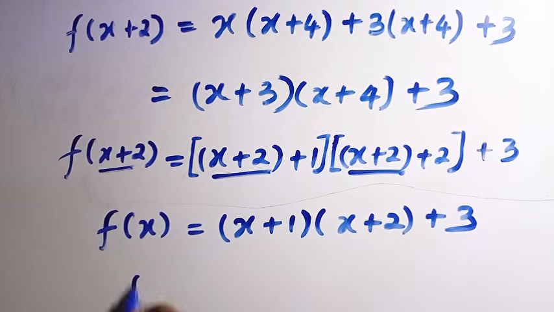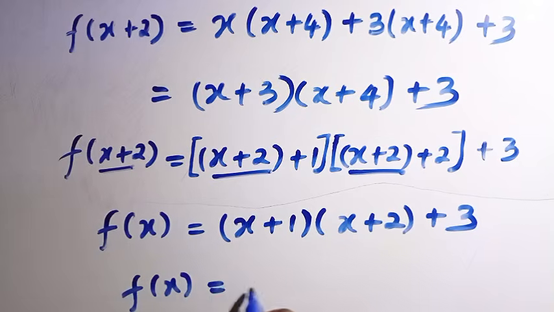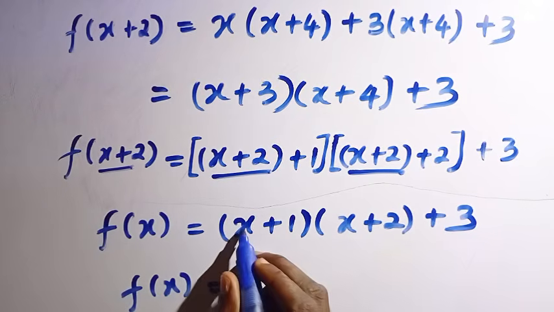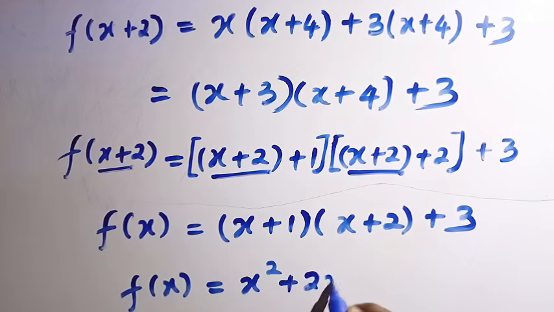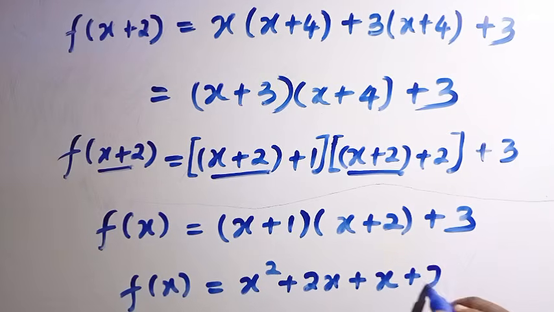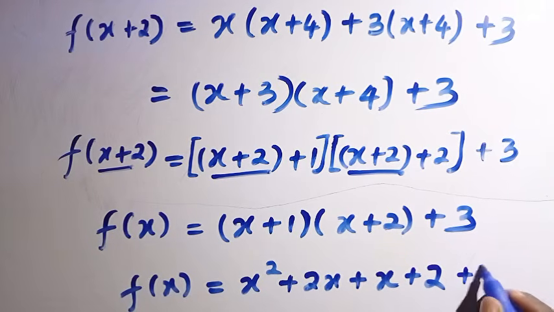Next, f of x equals, let's expand this out. x multiplied by x gives us x squared. Then plus x multiplied by 2, that is 2x, plus 1 multiplied by x gives us x, plus 1 multiplied by 2 gives us 2, then plus 3 outside.